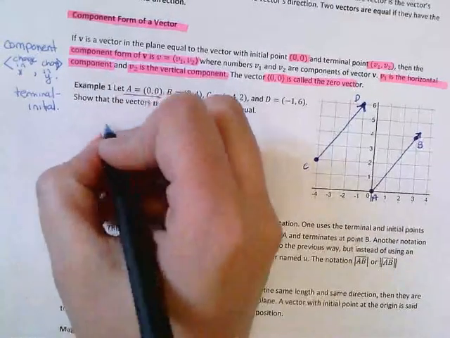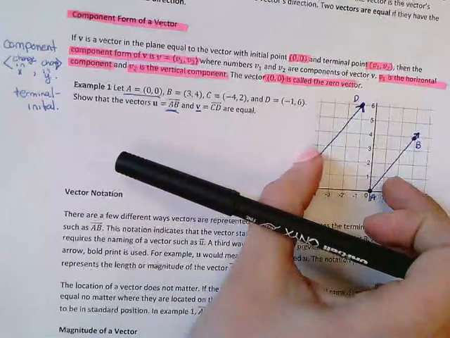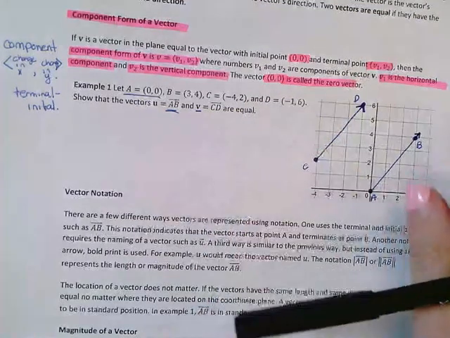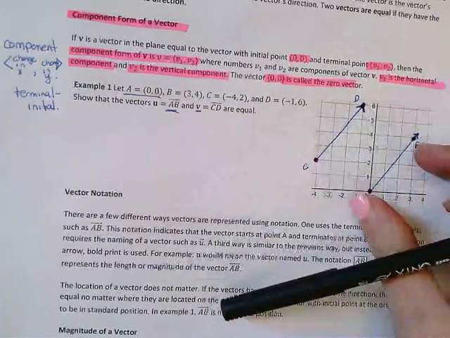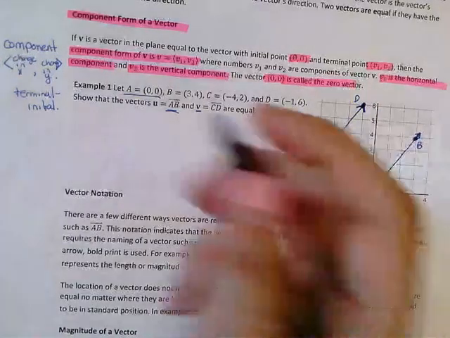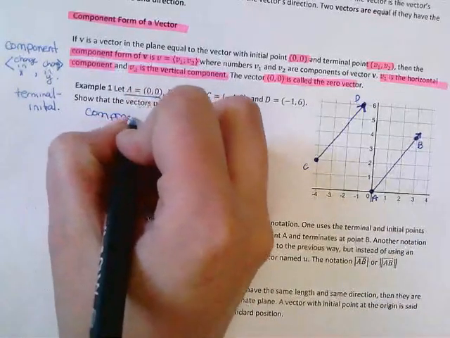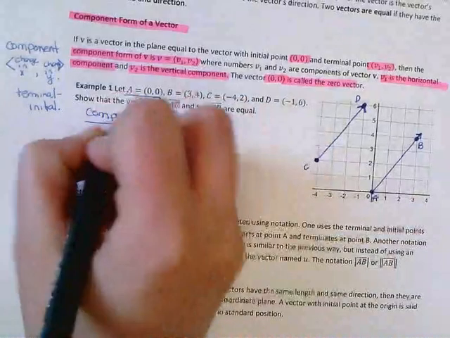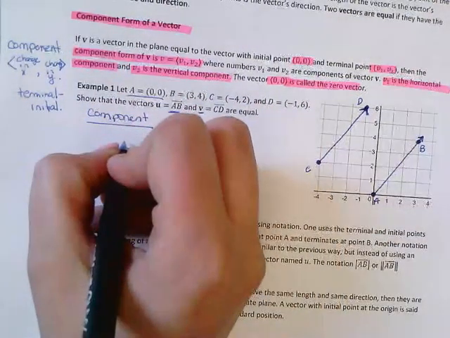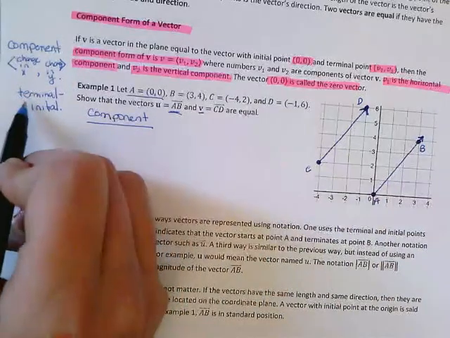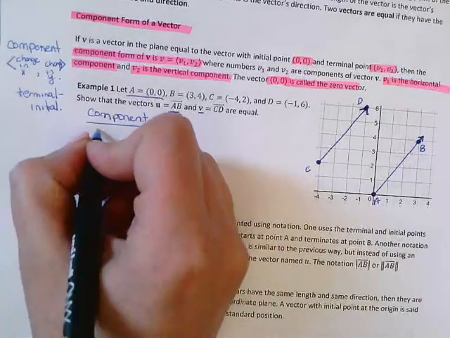So basically, we want to figure out the component form of each of these vectors and see if the component forms are equal to each other. If you remember, the component form tells us the horizontal and the vertical steps, and we take the terminal end of the vector minus the initial end of the vector.